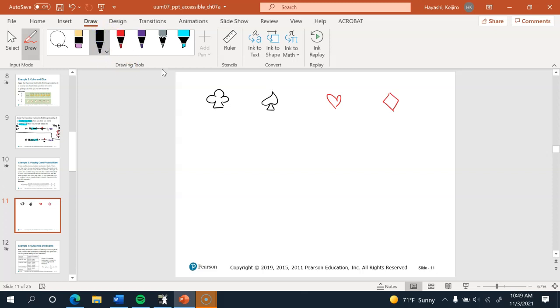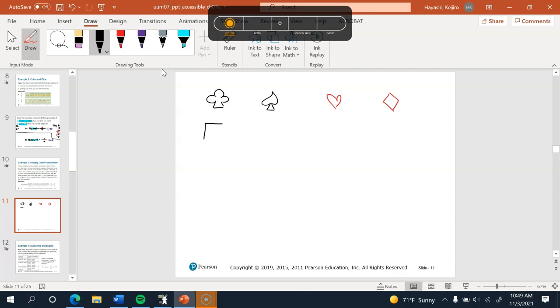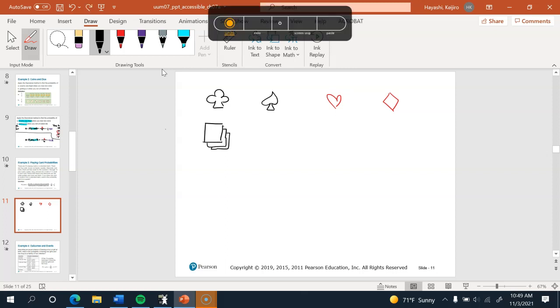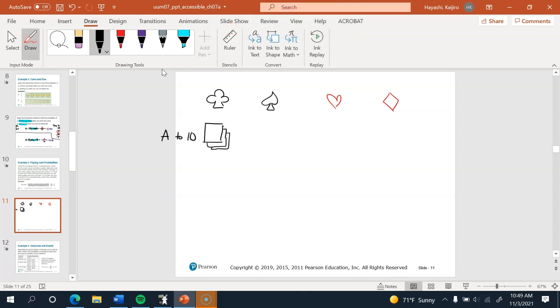Each one of these suits is going to have 13 cards for a total of 52. The first 10 are just the numbers 1 through 10, except 1 is usually called an ace, right?